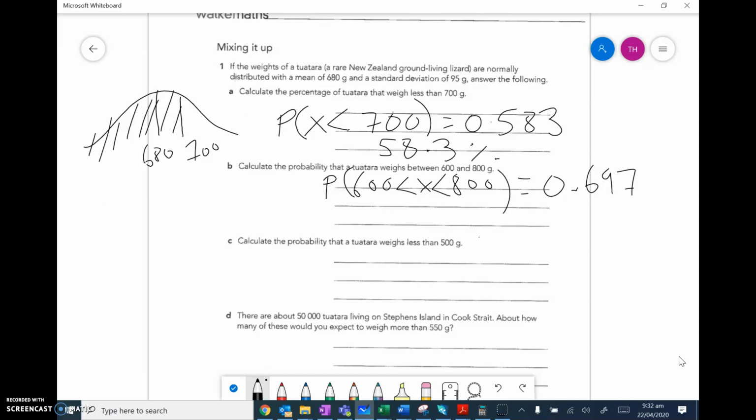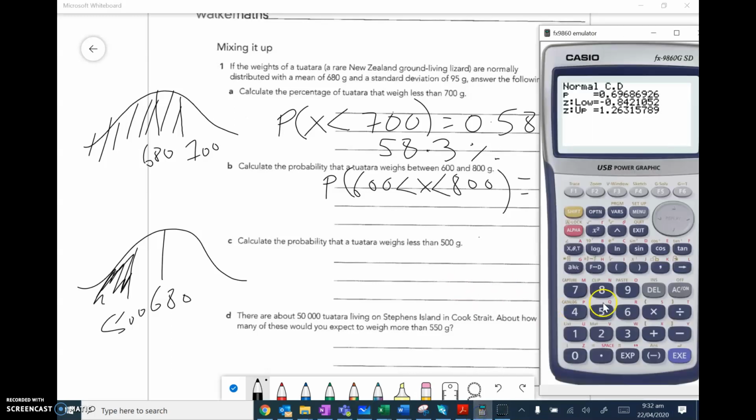Next one, calculate the probability that a tuatara weighs less than 500 grams. So I know I didn't do it for the last one, but diagrams always help you see what's going on. 500 is down here. So 500 is going to be my upper limit. So in my calculator, my lower limit again is negative, big number. My upper is 500. And I get 0.029.